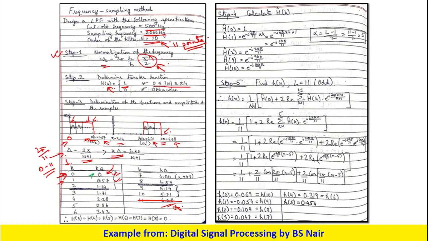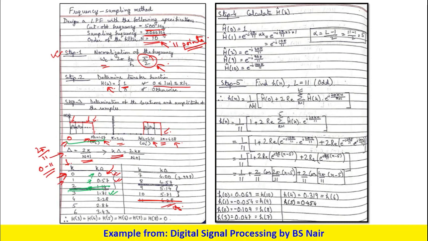Is it within 1.57? Yes. The first pass band is 0 to 1.57. We have to look into that. So 0.57 is within this range. 1.14 is within this range. From point 3 onwards, it has a value of 0.